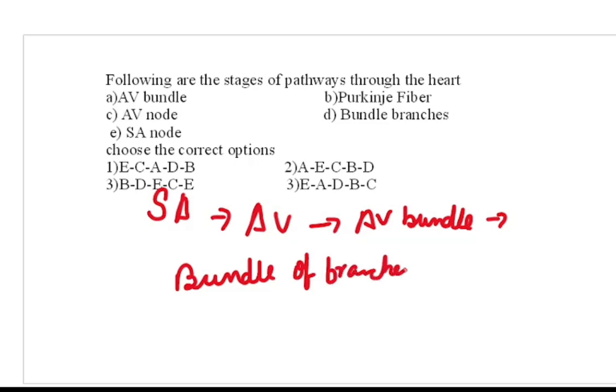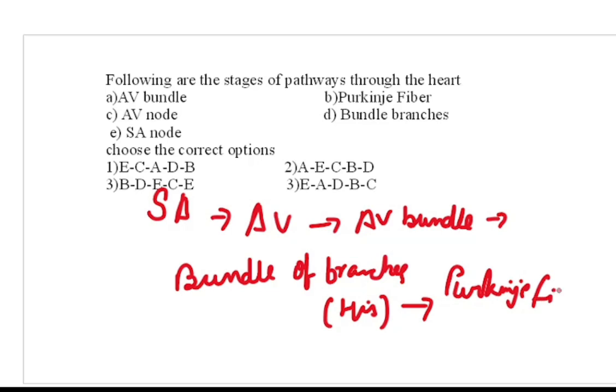And then the Purkinje fibers. Now, if we see these options, the first option is saying E, C, A, D, B.